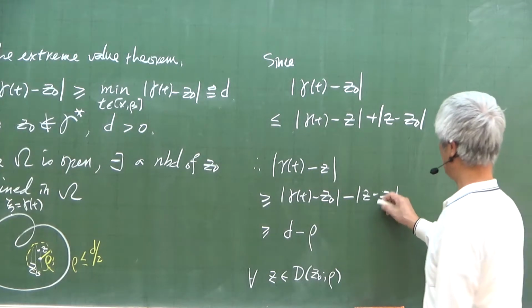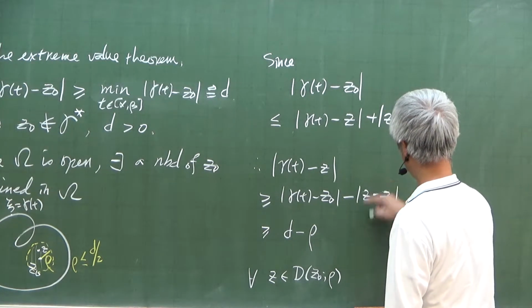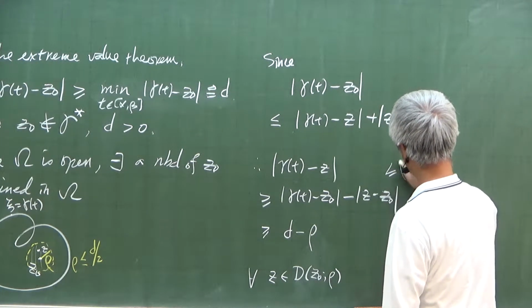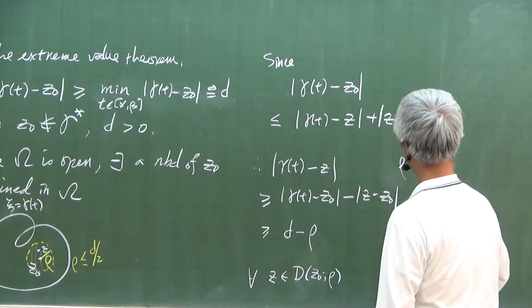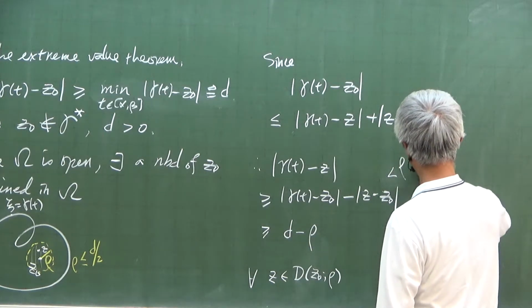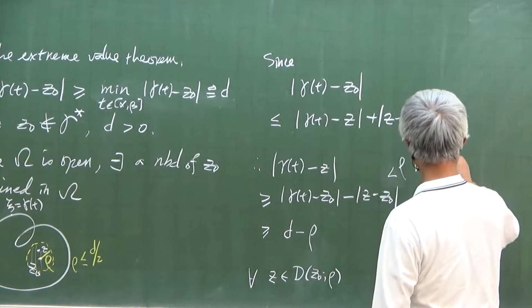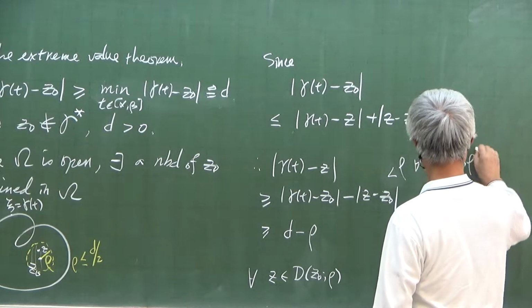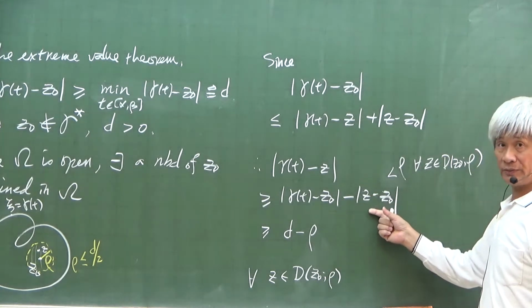Because here this one is less than rho for all z in the disk. Right? This is by definition of a disk.